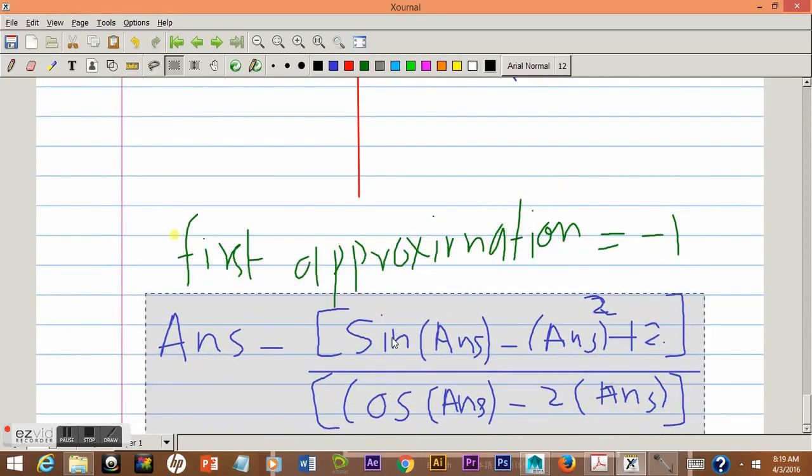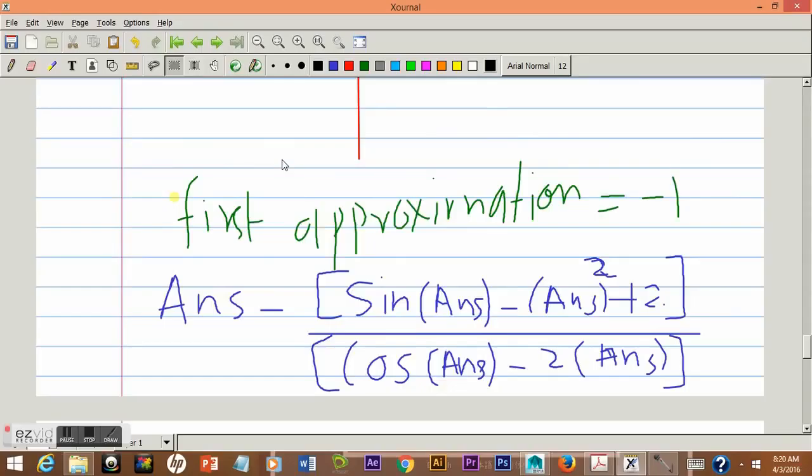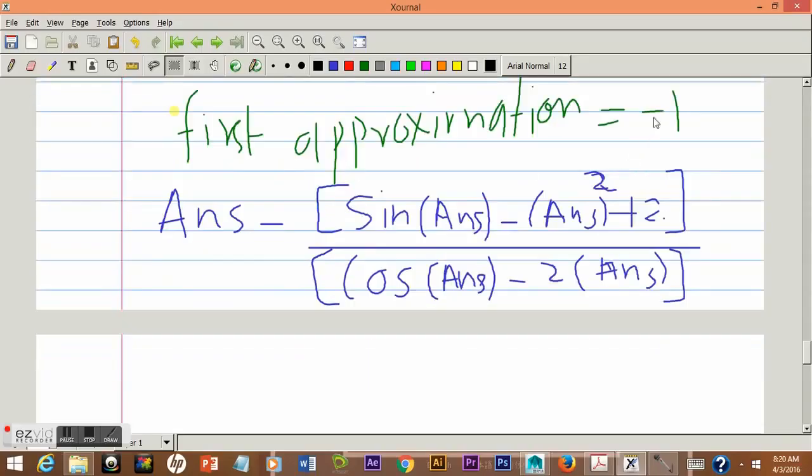Repeat this step again. After repeating this step, for your first approximation of -1, you press equal and program this function. Then you get a set of values and you will get the root. Let's check this one.